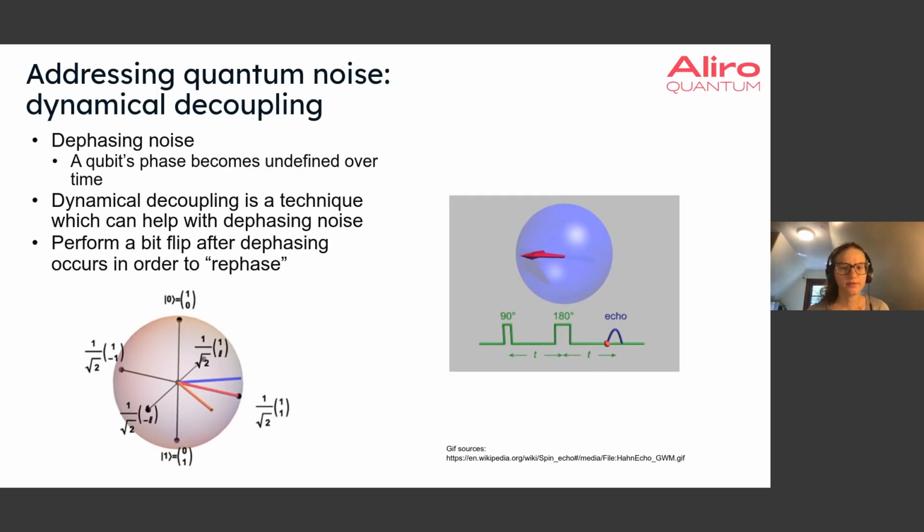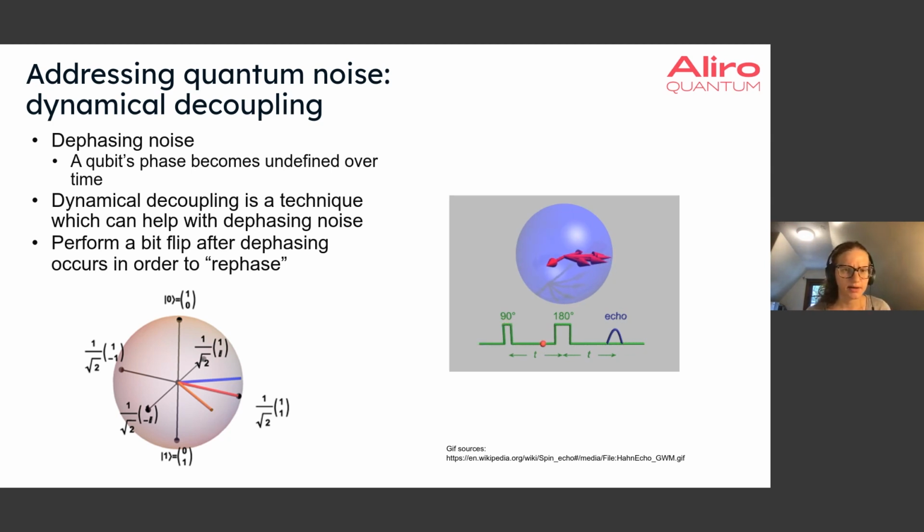Now that we've introduced some different types of quantum noise, we can talk about one way people commonly avoid one of these types of noise, or extend the time before the qubit is destroyed by this type of noise.